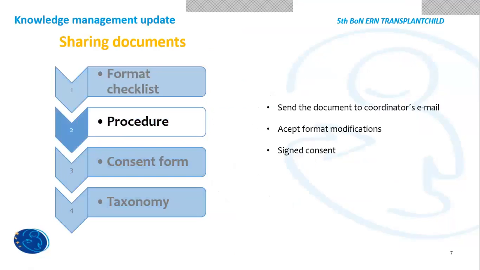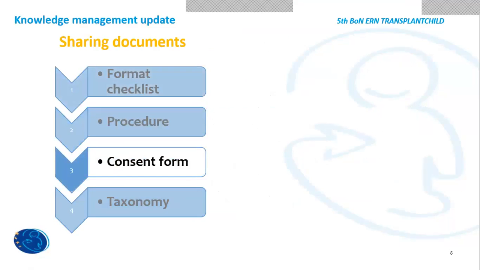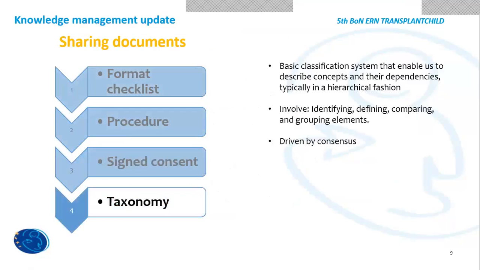The procedure to upload the documents is to send the document to the coordinator's email. Some modification would be proposed, probably just regarding the format of the document, not the content. And finally, probably you will receive a consent that you need to sign before we can share it in the ERN. The consent form is not elaborated yet, but we are working on it.